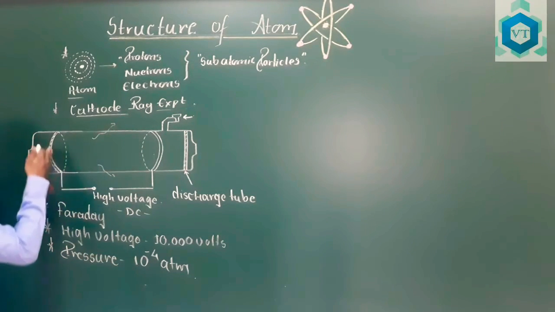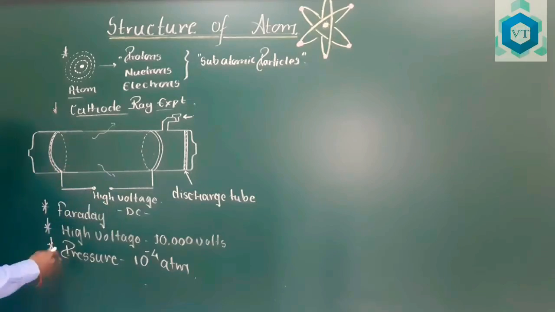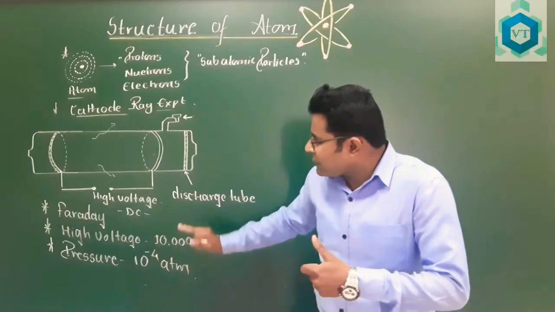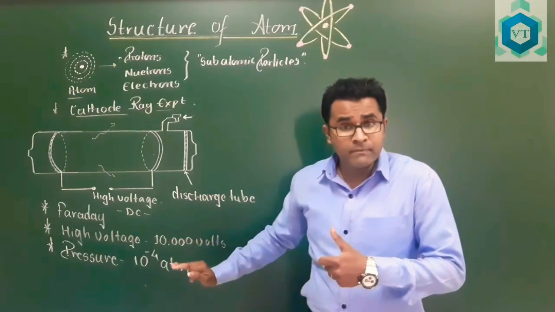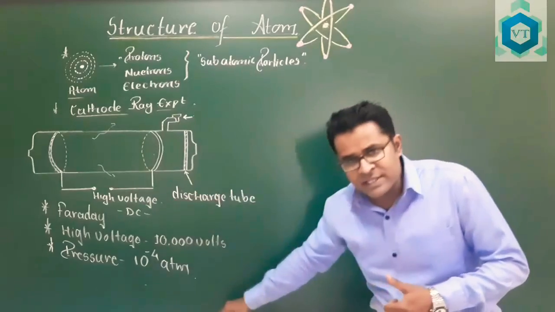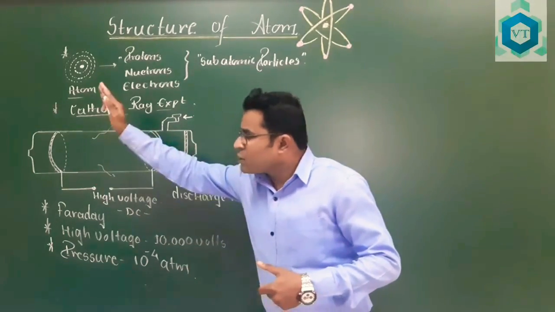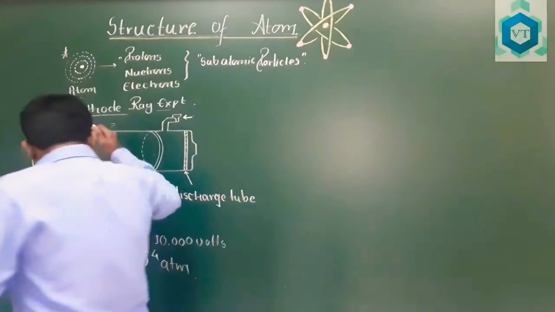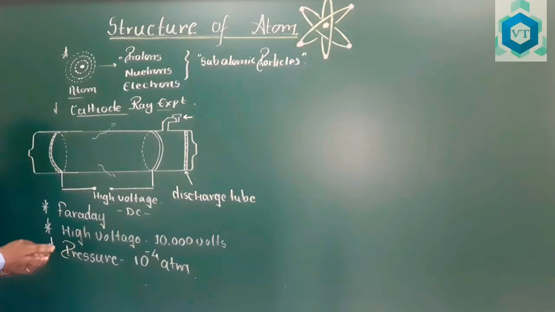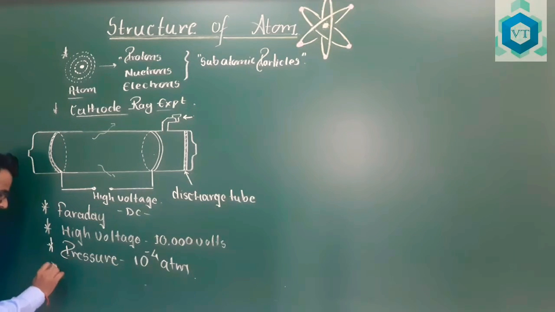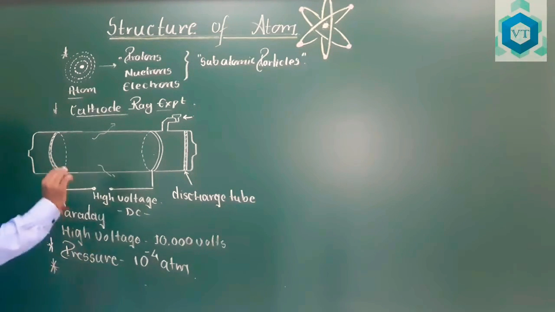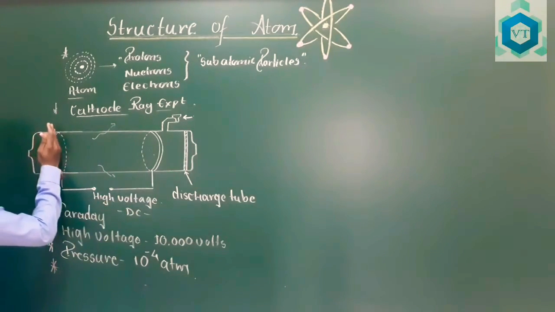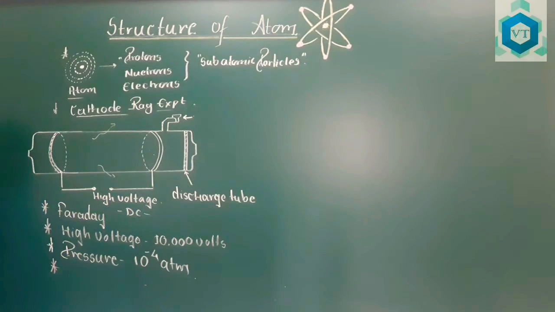The vacuum pump creates a vacuum inside the chamber, and the pressure is lowered to 10 raised to minus 4 atmosphere. As the pressure reduces, the glow inside the chamber goes on decreasing. Yet one important thing that continued was the presence of electricity. That is, the electricity continued to flow from one terminal to the other.